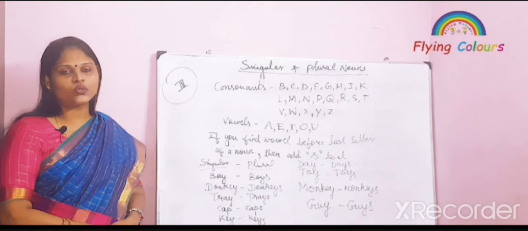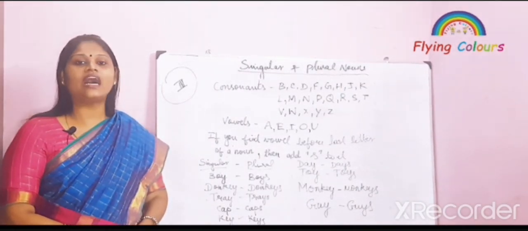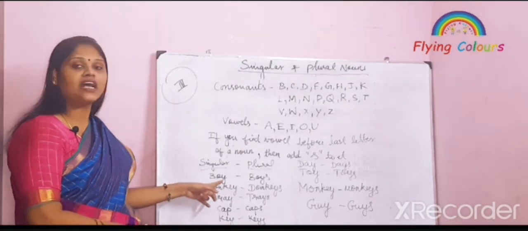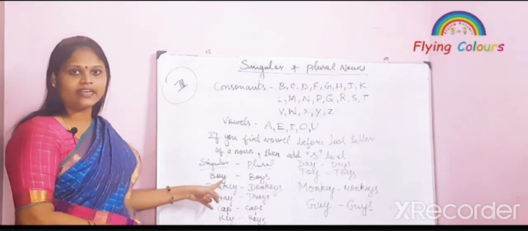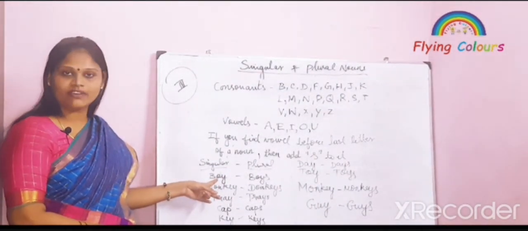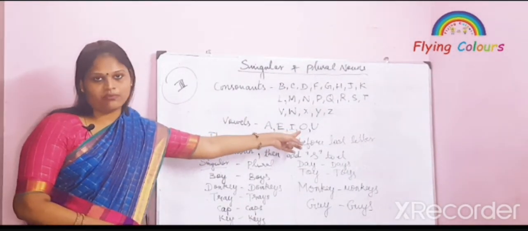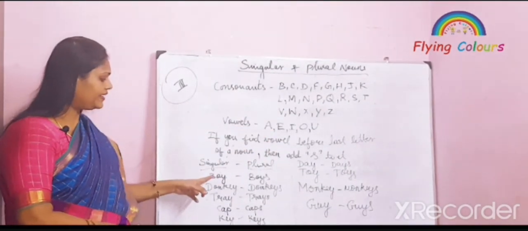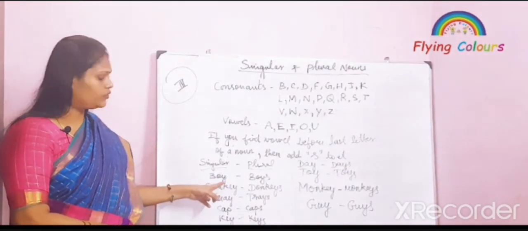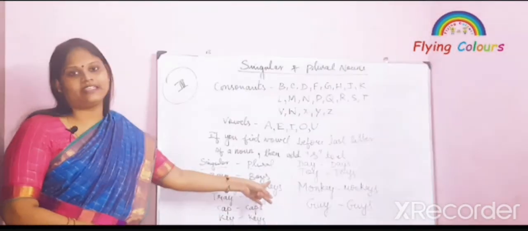Boy is a noun. The last letter is Y, and before that Y you can see a vowel: O. If you find a vowel before the last letter of the noun, you can add s to that noun without dropping anything.